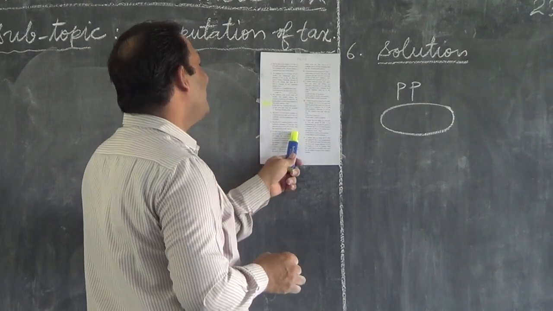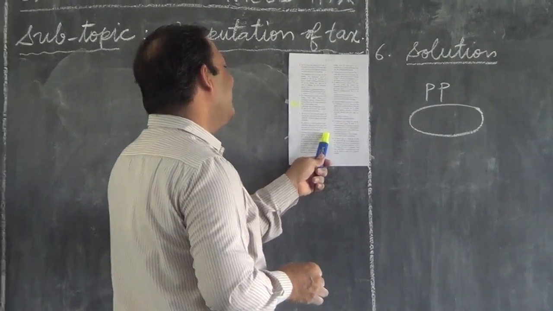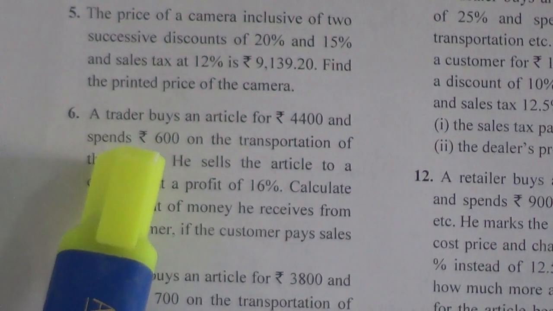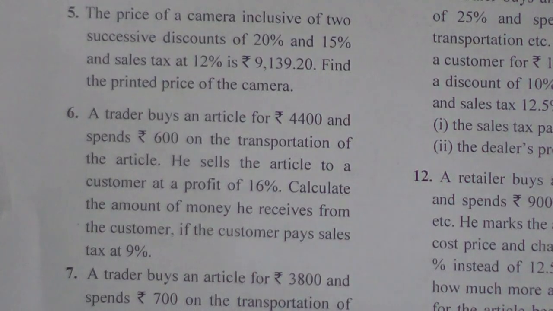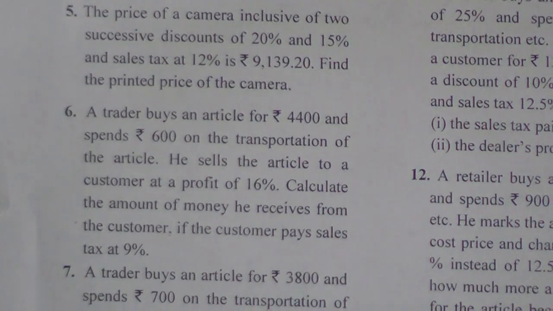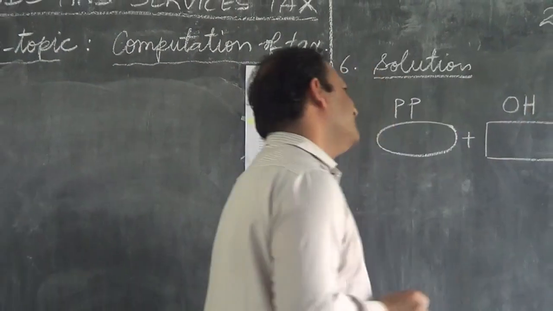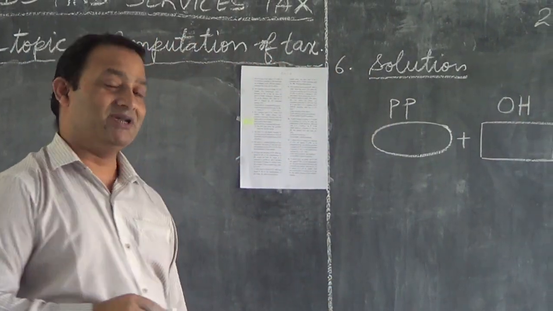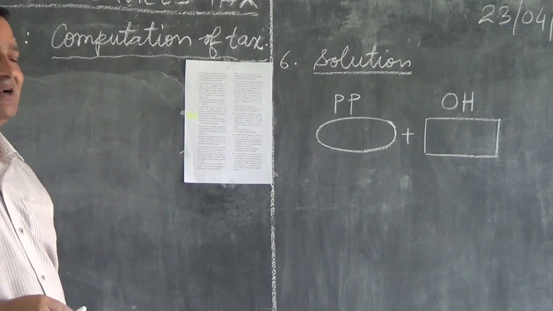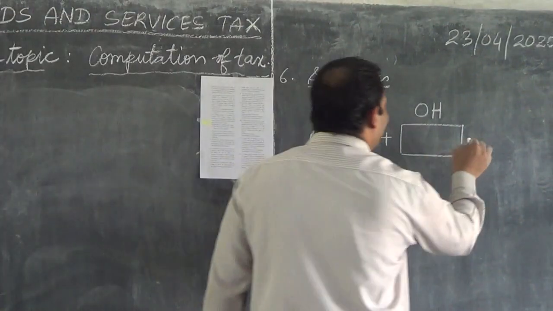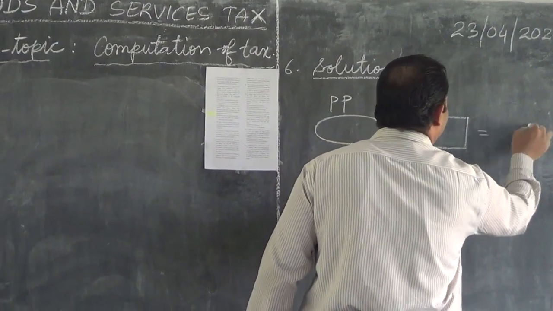Buys an article for rupees 4,400 and spends rupees 600 on the transportation of the article. So plus transportation cost is added here. I will write here, children, overheads. Purchase price plus overheads equals cost price.